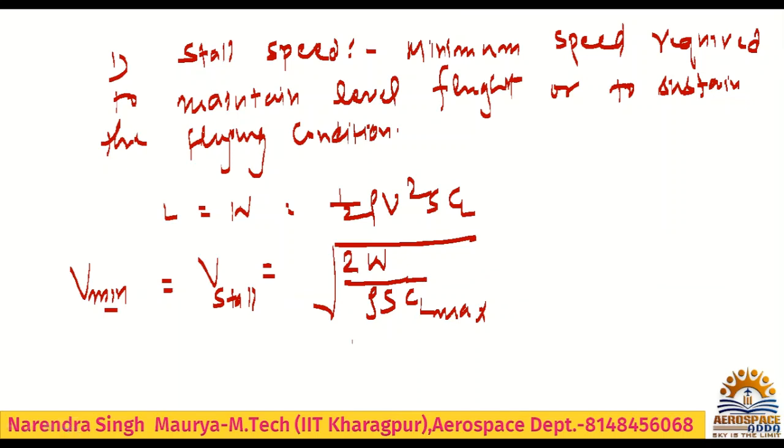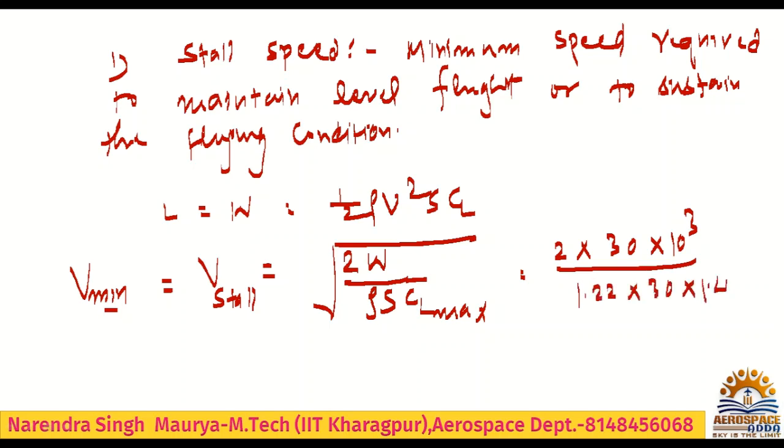Now we'll calculate. The weight is 30 kilonewton, so 30 into 10 power 3. Density 1.22, S 30, CL max 1.4. We have to perform this to get the stall speed. Let me calculate: 2 into 30 10 power 3 divided by rho 1.22, divided by 30, divided by 1.4.